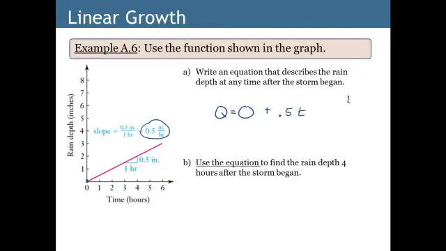And so that means t is hours, because my slope is per hour. So use the equation to find the rain depth after 4 hours. So plug that 4 in here for t, and I get 2 inches. All right.